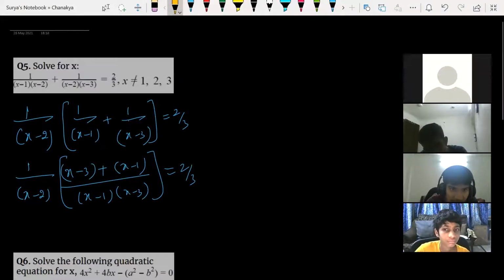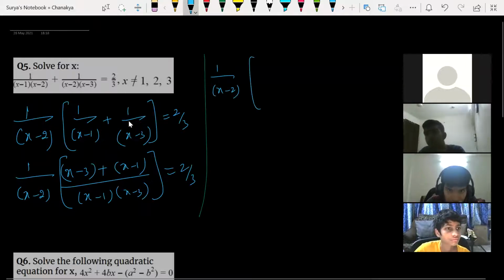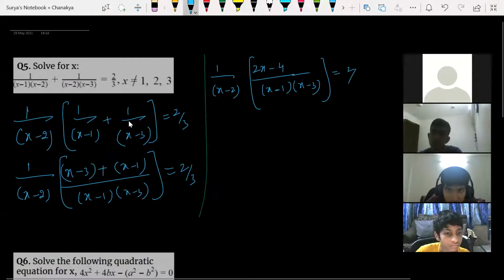One second, look at this here. Further, how can we calculate? So 1 by x minus 2 as it is. So x plus x, 2x minus 4, divided by x minus 1 into x minus 3, is equal to 2 by 3. Yes or no, guys?